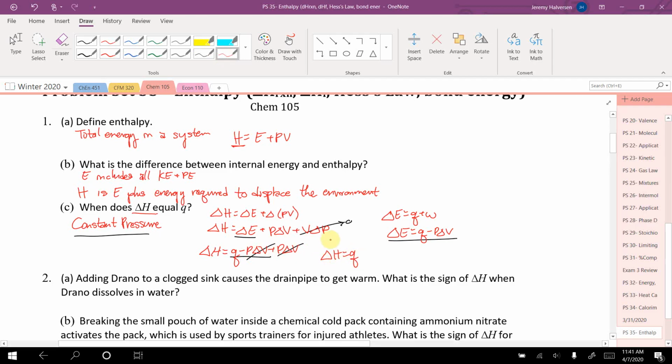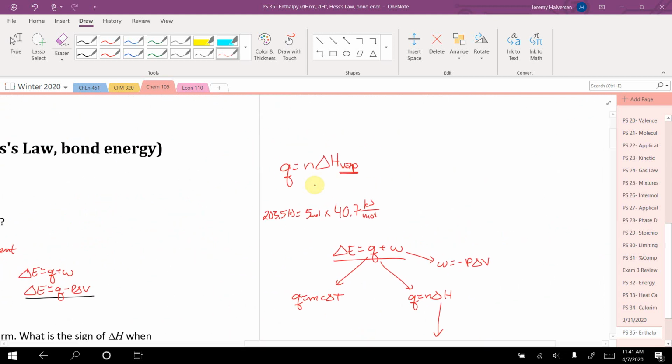Now the assumption we made here was that pressure was constant. That doesn't mean that numerically those numbers are always equal to each other, right? We saw over here, Q equals N times delta H. Well, that's just because this is like a unit heat, and this is a total heat. So you still have to look at the units to see if delta H is your total amount of heat.